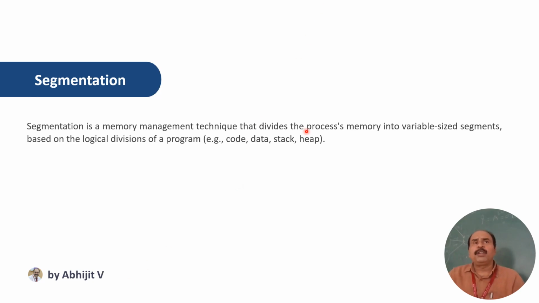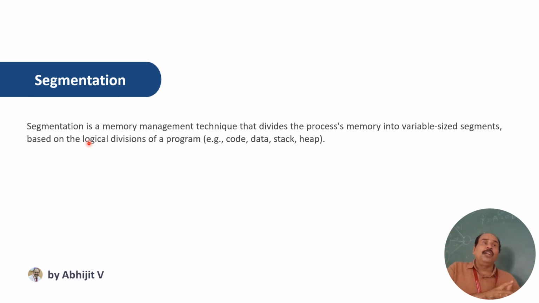The next concept that we are going to study is segmentation. Segmentation, like paging, is another memory management technique where you divide the memory of the process into flexible segments. In paging and contiguous memory allocation, we had only static memory allocation, which means a fixed size that cannot vary.